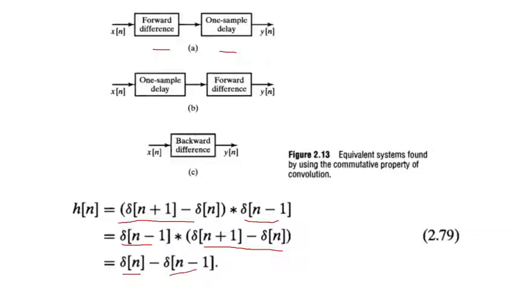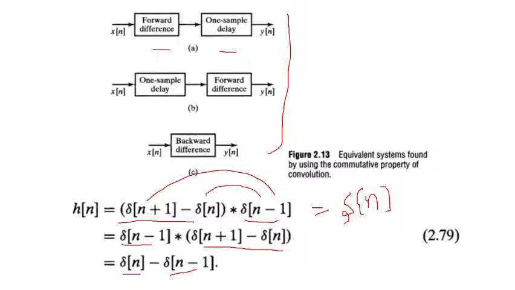So all these are equivalent. The output of all these are equivalent. How? If I convolve delta of n plus 1 minus delta of n with delta of n minus 1, it means that I want to give a delay in delta of n plus 1. So the delay in n plus 1 will be delta of n, and the delay in delta of n will be delta of n minus 1. So this is this thing. Now again, delta of n minus 1 convolving with delta of n plus 1.